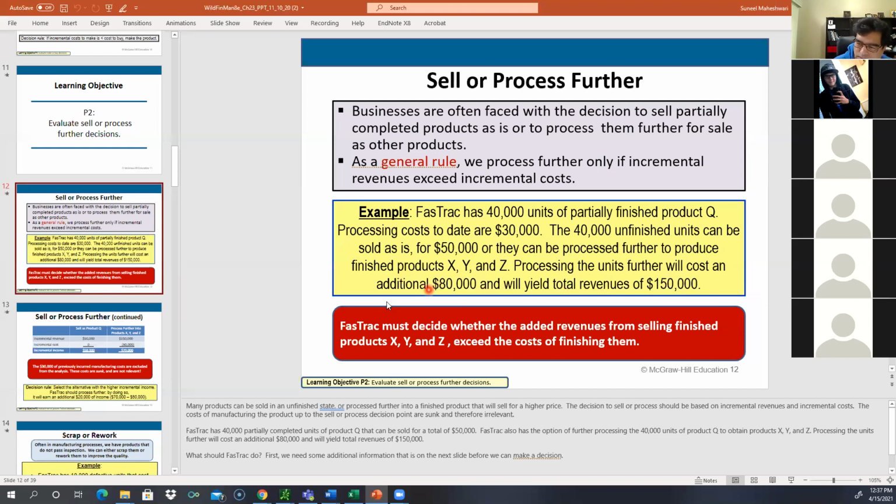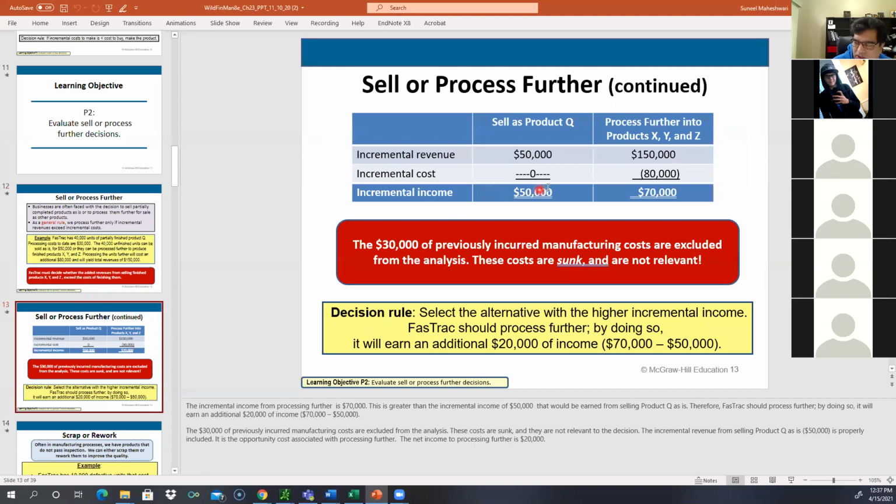Okay, so that's what they have shown: you can sell it as it is, or you can sell it for 150,000 with an incremental cost of 80,000. So the change in income is 20,000, which is the same thing as an incremental revenue of 100,000 and incremental cost of 80,000 giving you an incremental income of $20,000.